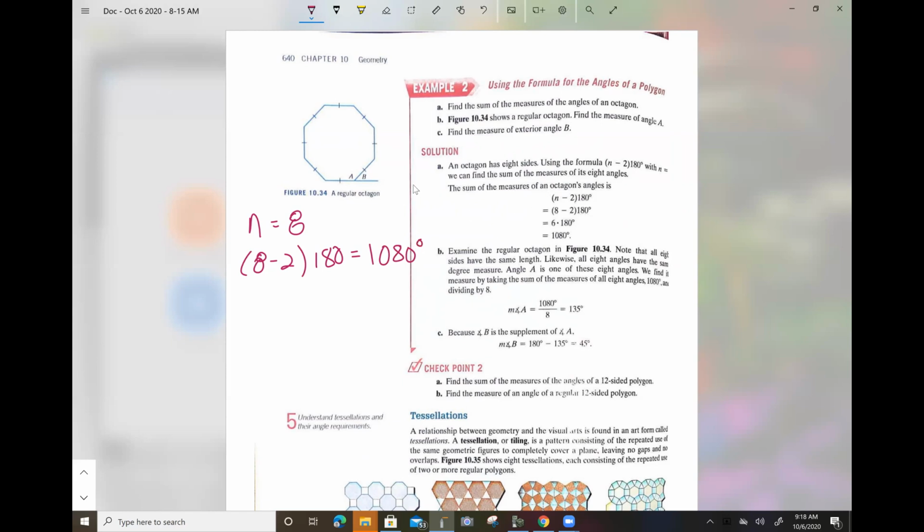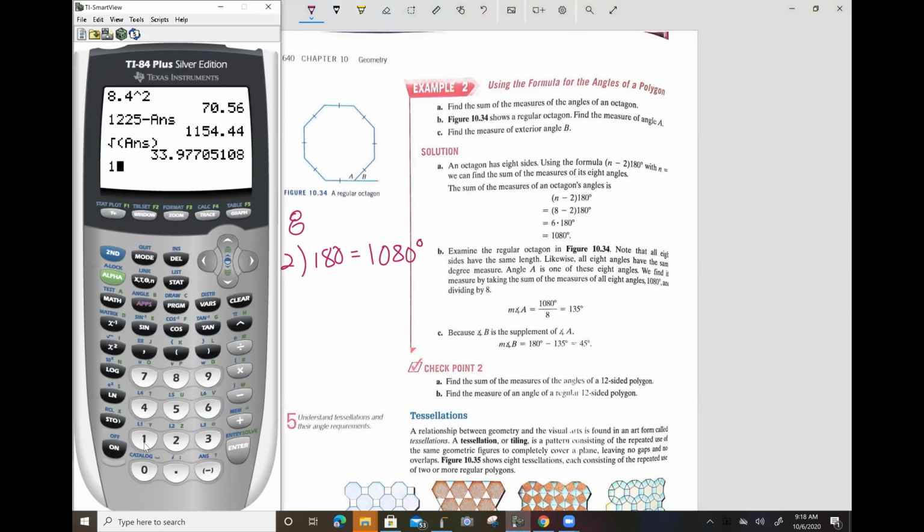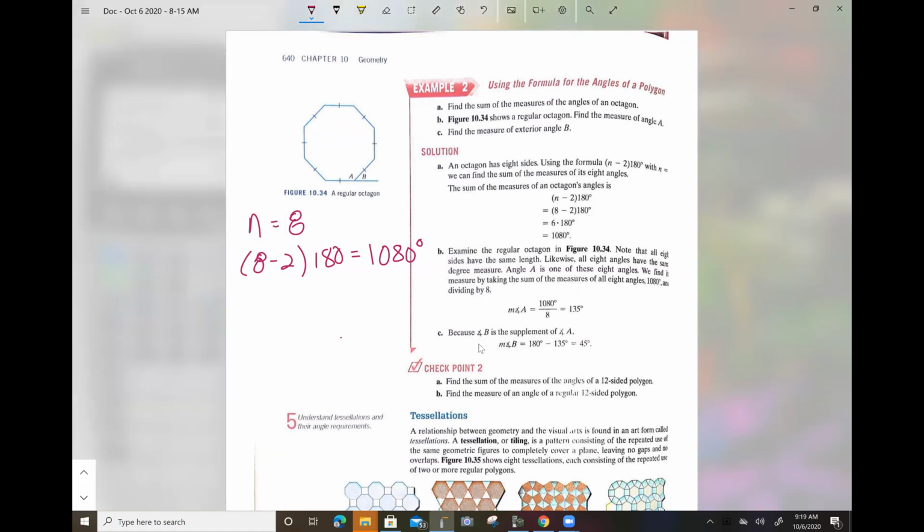In a regular octagon, all of the angles are going to be the same. So if you take that 1080 and divide it by 8, you know that each angle is 135 degrees. So each angle in a regular octagon is an obtuse angle.